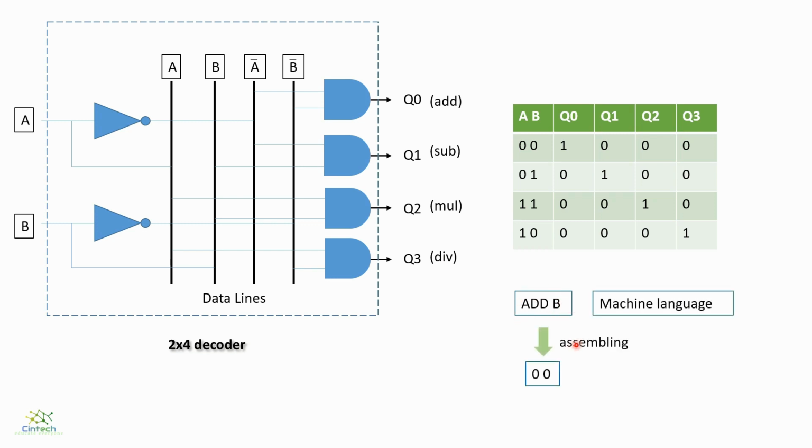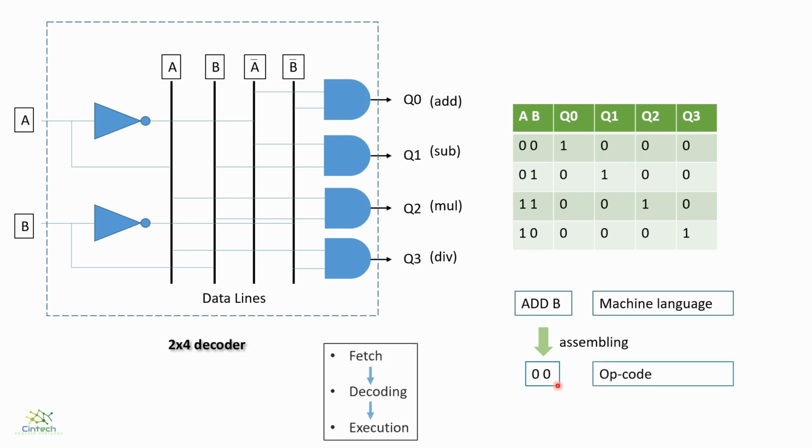After your assembler assembles this instruction, 00 gets stored in the memory because that was the particular opcode for add B, say for example. Now this 00 is your opcode. Now when you execute it, come on, you already know it, repeat after me. The opcode is fetched, then yes, decoded, and then MUPI executes the command.